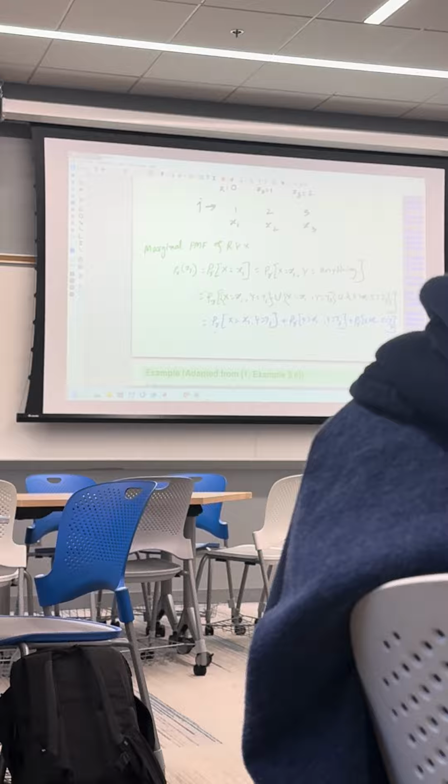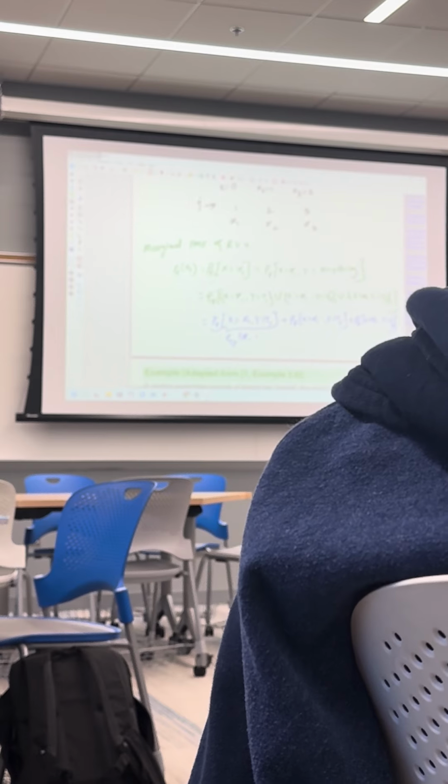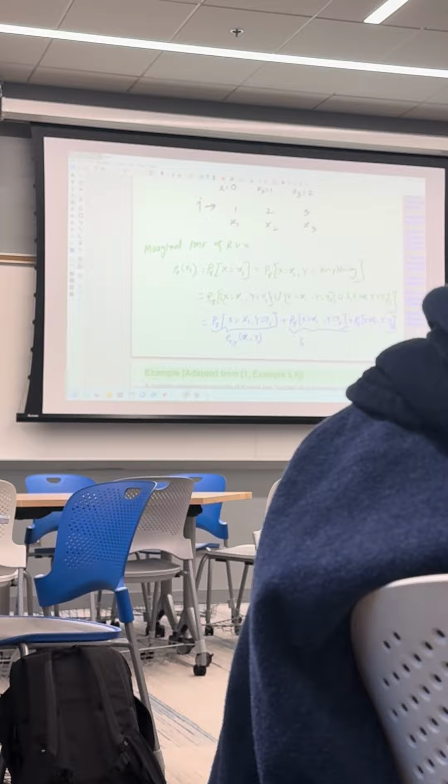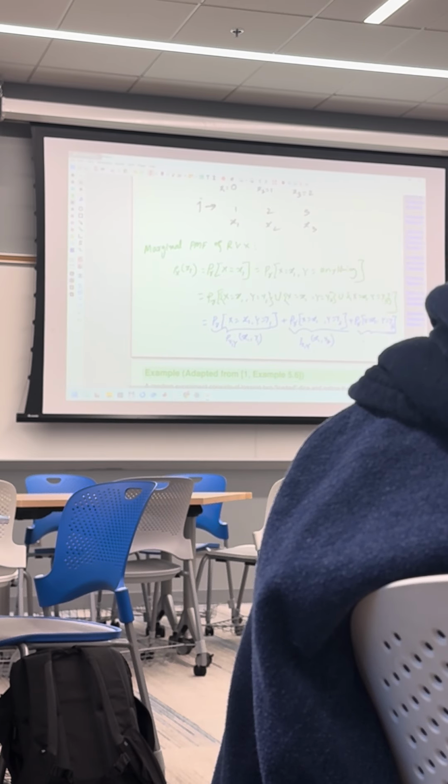So by definition, this is your joint PMF of random variable x comma y taking value x1 comma y1. And by definition, this gives you joint PMF of random variable x comma y taking value x1 comma y2, and by definition this gives you joint PMF of random variable x comma y taking value x1 comma y3.